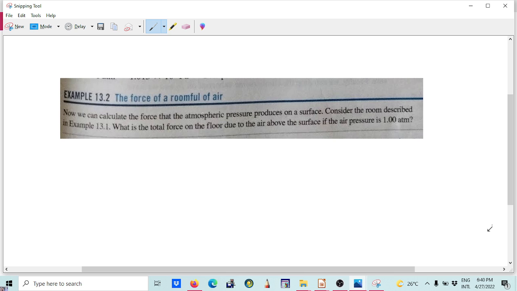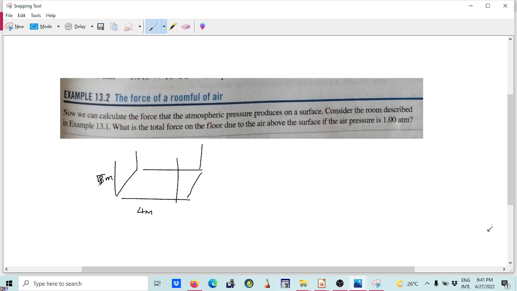Okay, so the force that the atmospheric pressure produces on the surface. Consider the room described. What is the total force on the floor? So you still have this room, 3 meters, 4 meters, and 5 meters, and it has a ceiling, of course.